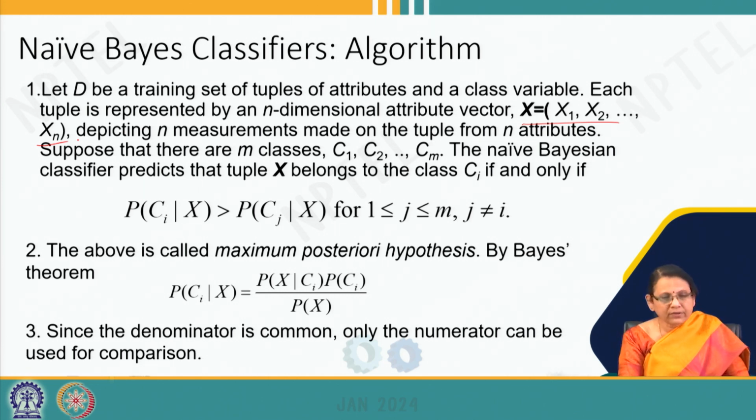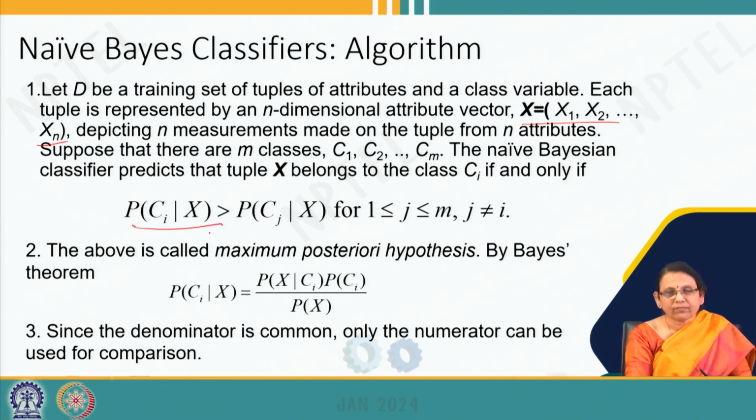So now the naive Bayes classifier predicts that tuple x belongs to class Ci if and only if this probability is higher than the probability of the rest. So all the j from 1 to m, which does not include i, should have lesser probability compared to this.